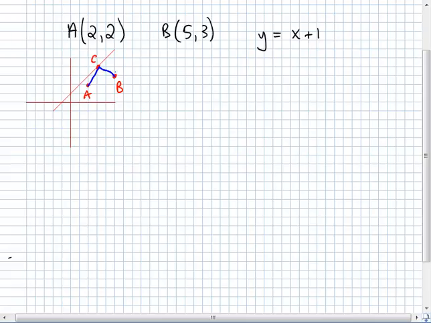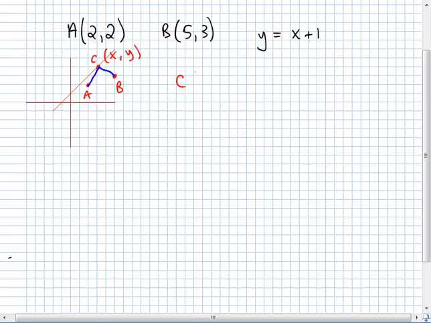So what we're going to do is use the distance formula for each of those and then make them equal each other, because we don't actually know how far away they are. Let's pretend we don't know what that is. We are going to call the coordinates of C just x and y.